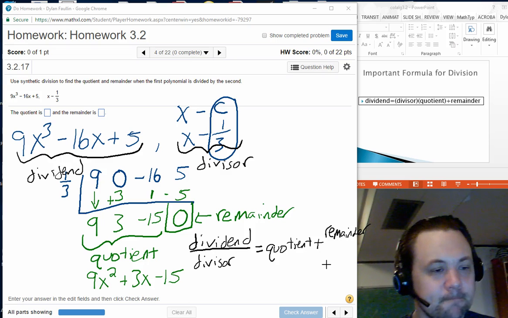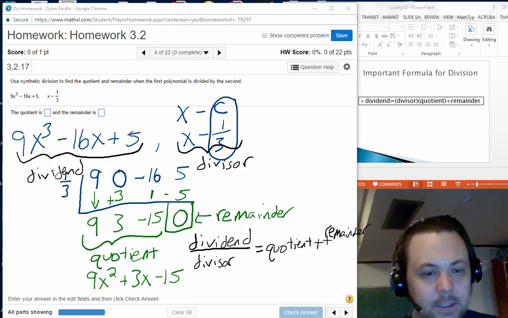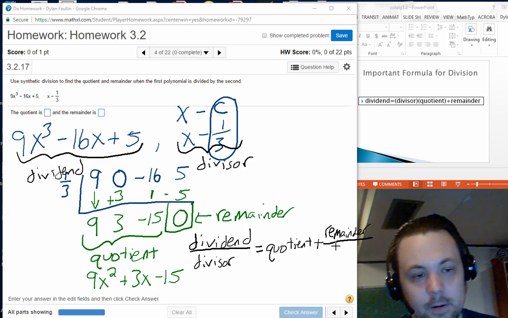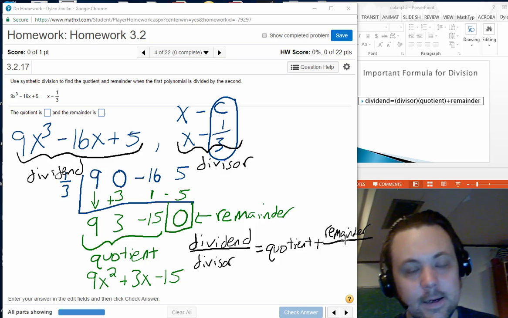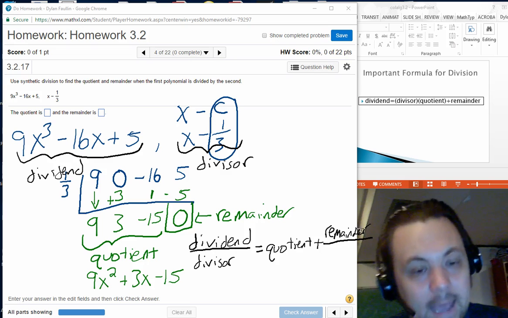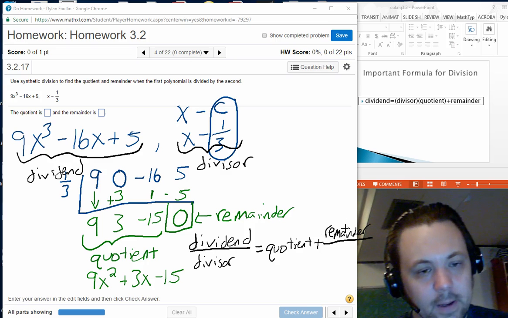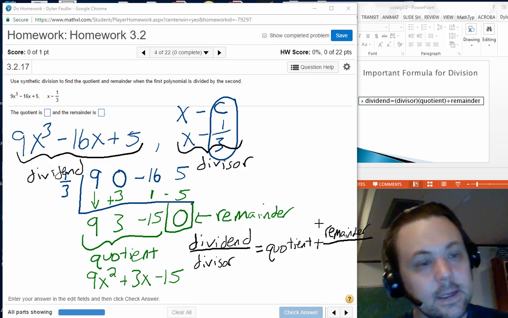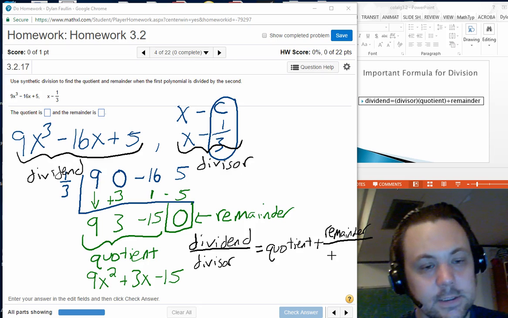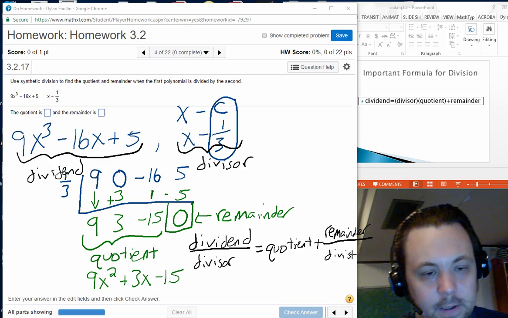That was a bad choice on my part, picking a problem that had a remainder of 0. This part won't actually show up in our answer this time because it's 0. But if we had a non-zero remainder, we would have a number here that's still getting divided by the divisor, which is x minus 1/3 in this case. So the remainder is still getting divided by the divisor.